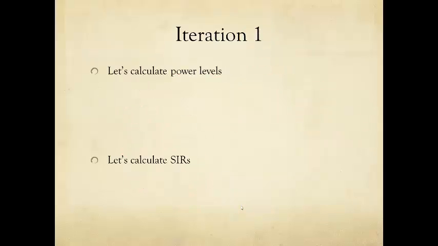Let's look at the powers. P1 at iteration 1 is gamma 1 over the SIR just observed, times the power at the last iteration.